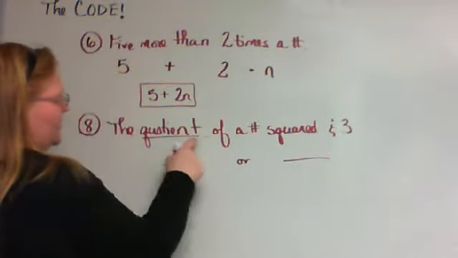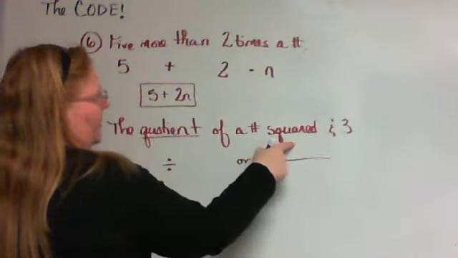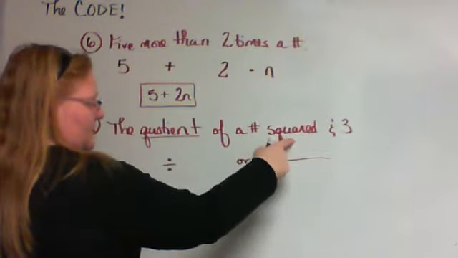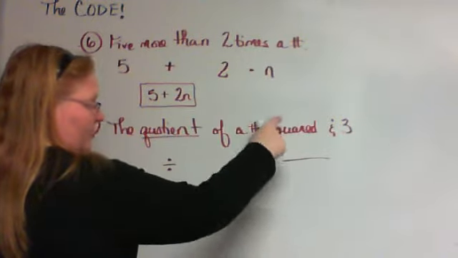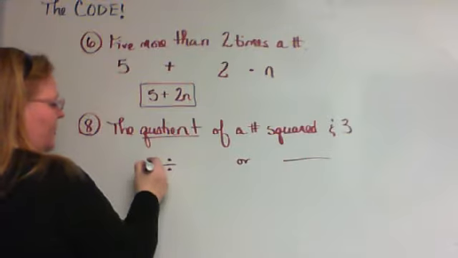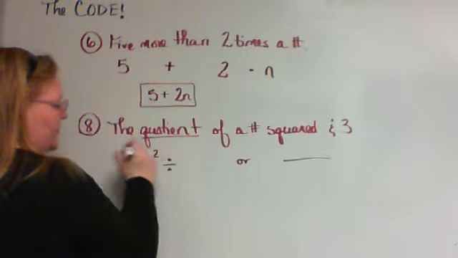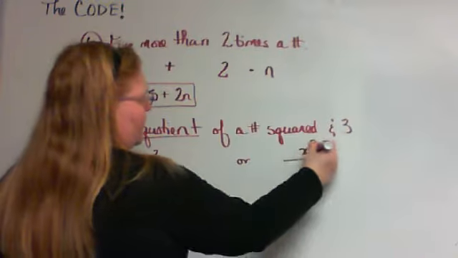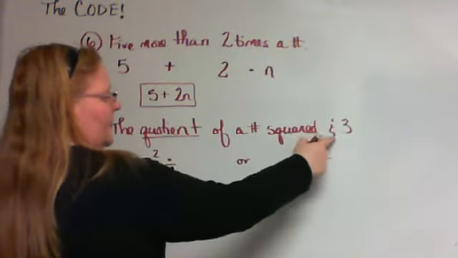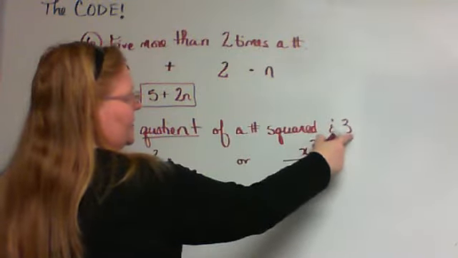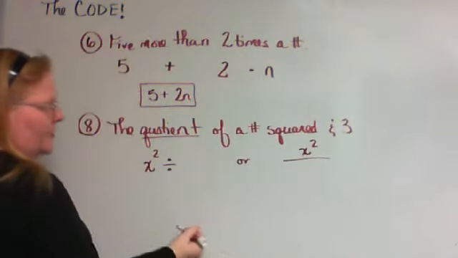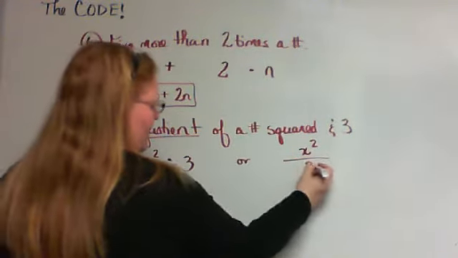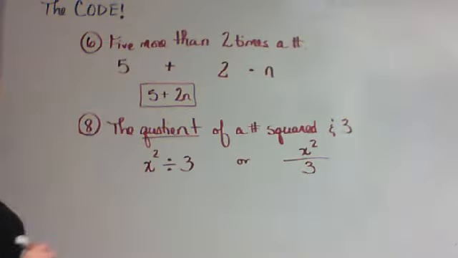So right here where it says the quotient of a number squared, since they told me that first, the number squared part, that's what I write over here. And it's also what would go up here. And 3, that and tells me what comes on the other side of the quotient. So my 3 would go here, or in that problem over there.